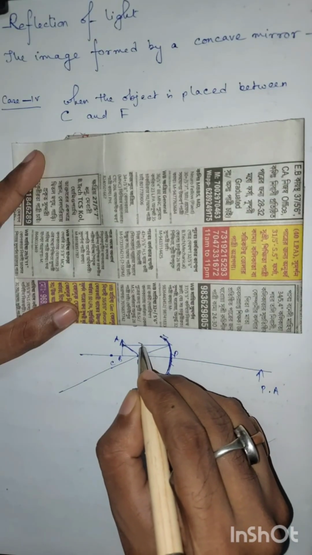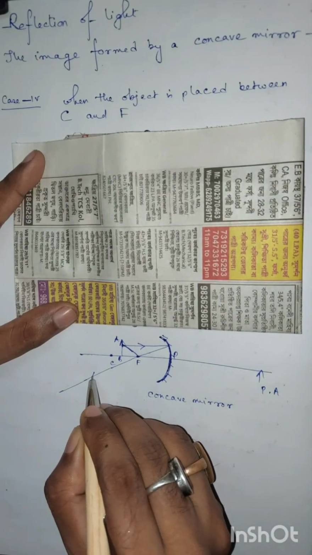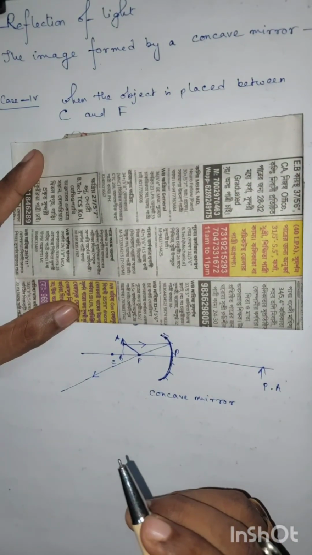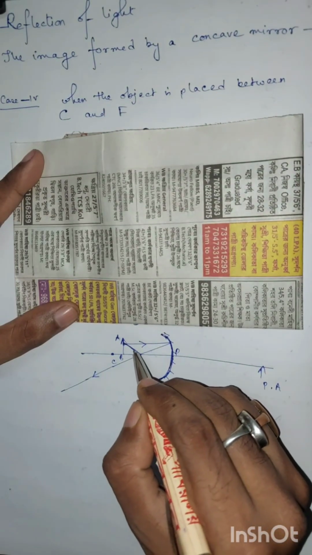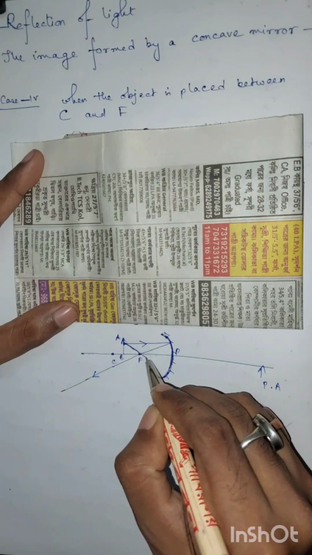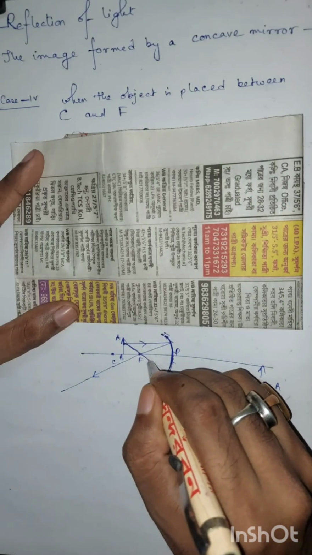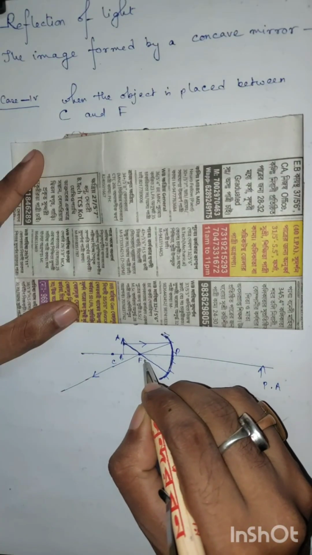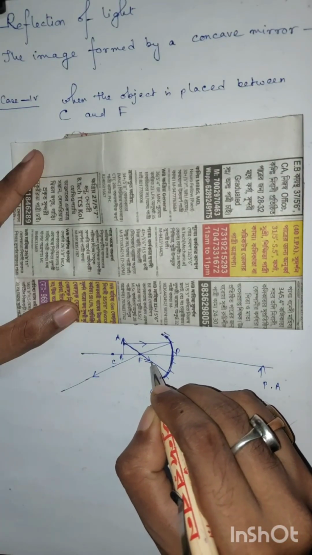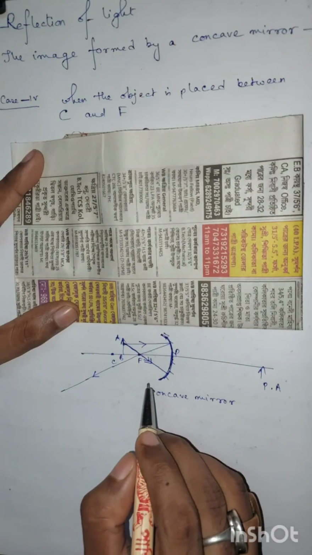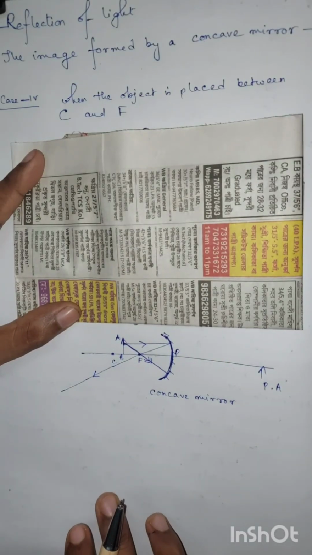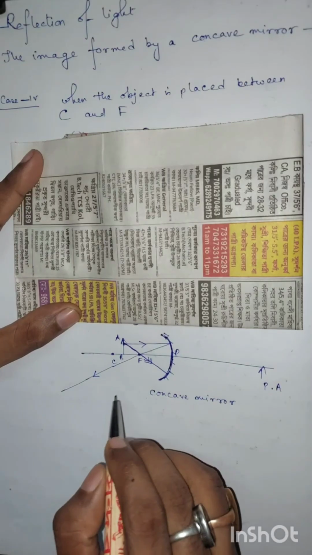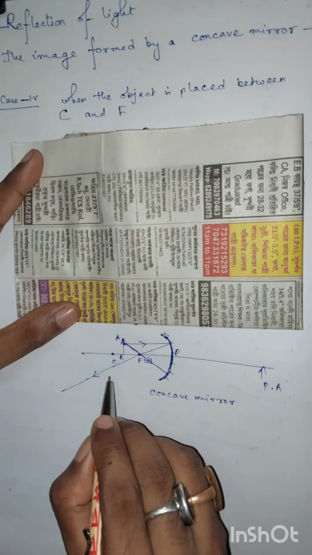The direction of the first ray is shown by arrow 1, and the second ray is passing through the focus, and after getting reflected by the mirror it becomes parallel to the principal axis.